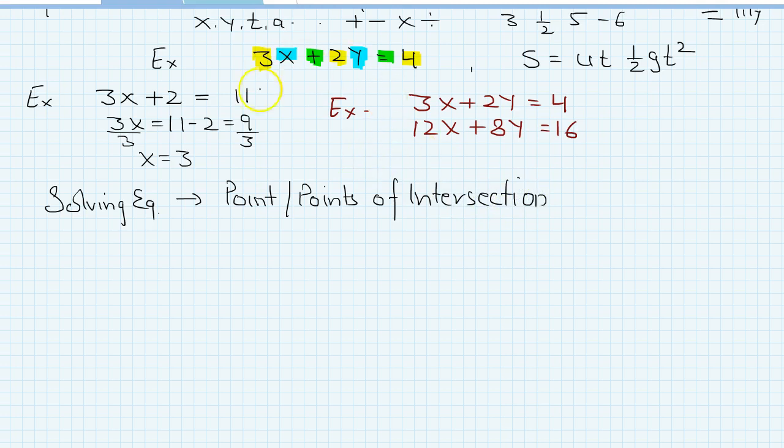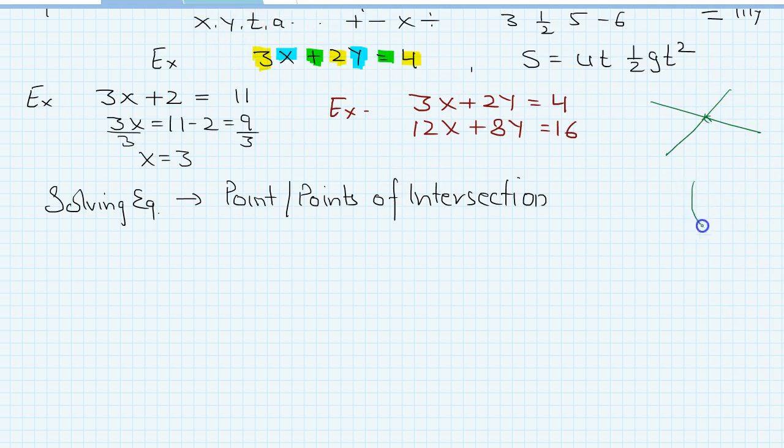So a question can come in this form: find the point of intersection of these two lines, or of the line and the curve. For example, this is one line, this is another line. To find the point of intersection, this point, you have to use the method of solving simultaneous equations.